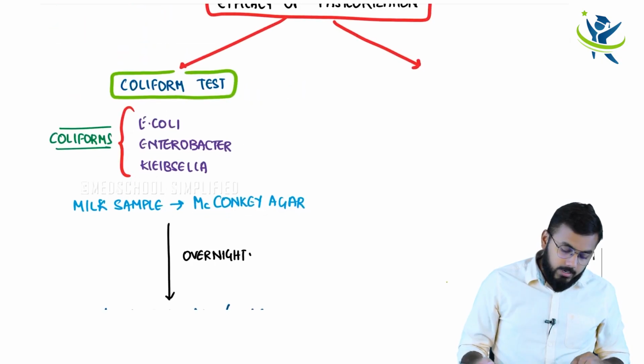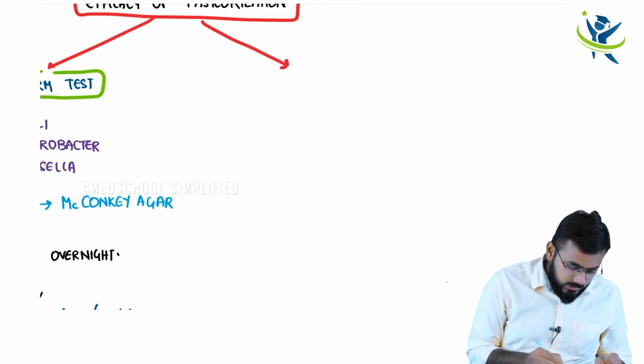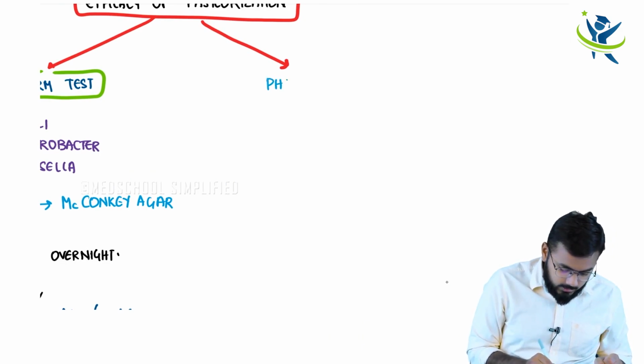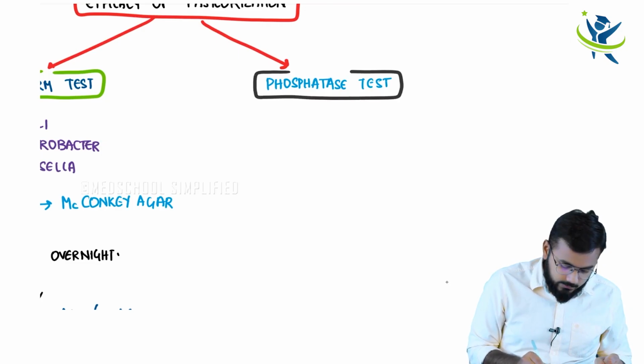Right. I can also do another test, I told you that. So the name of this test is the phosphatase test. That is the phosphatase test. Now what is this phosphatase test?